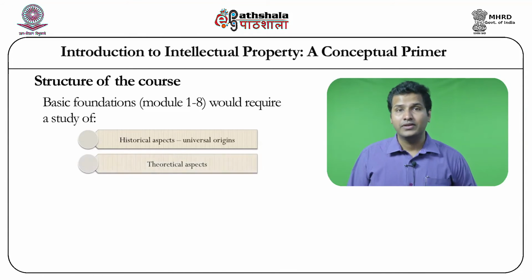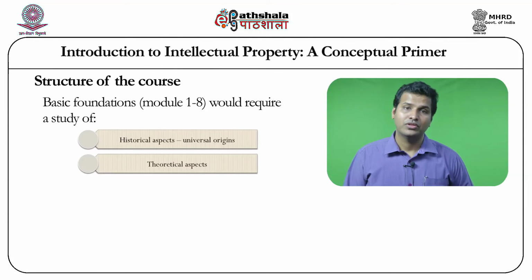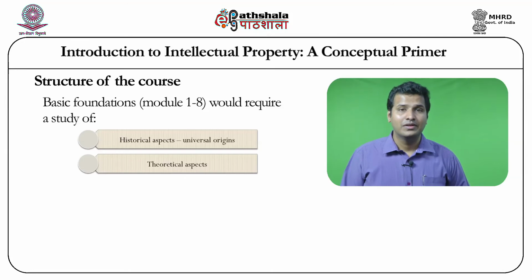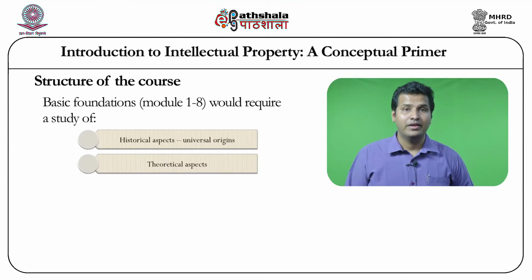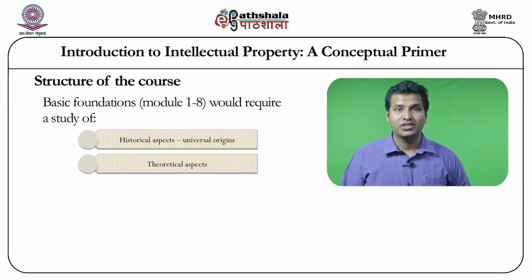Second, we will also learn the theoretical paradigms involving intellectual property, or the theoretical aspects. Here we will try and look into various theories propounded by property theorists like Locke, Hegel, Kant and others, and how they can be used today to justify intellectual property, of course with certain limitations.